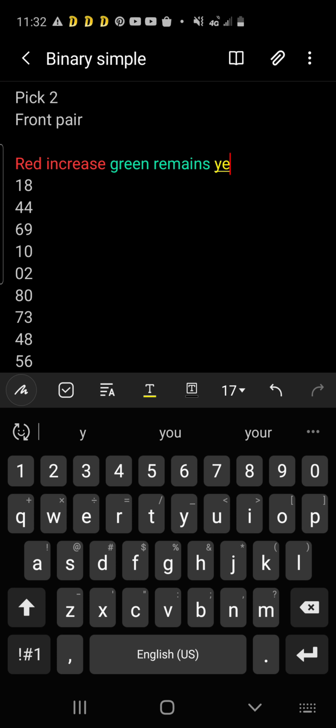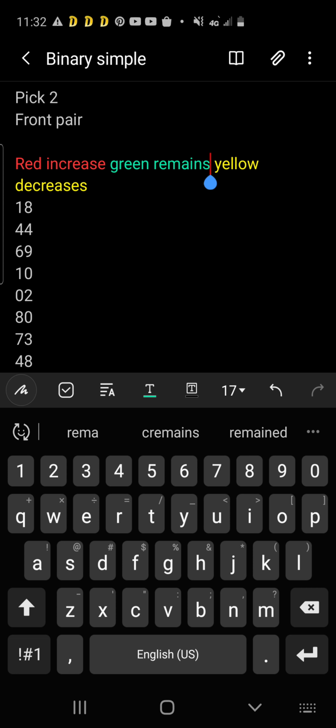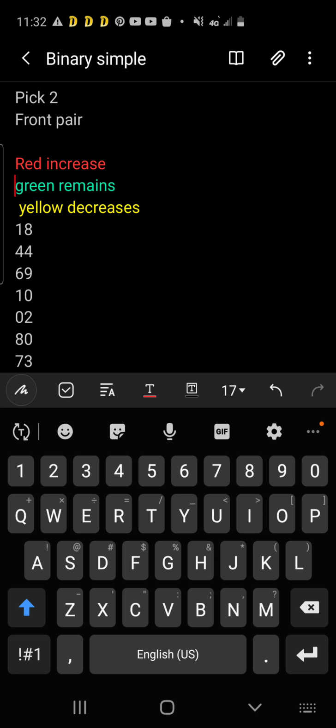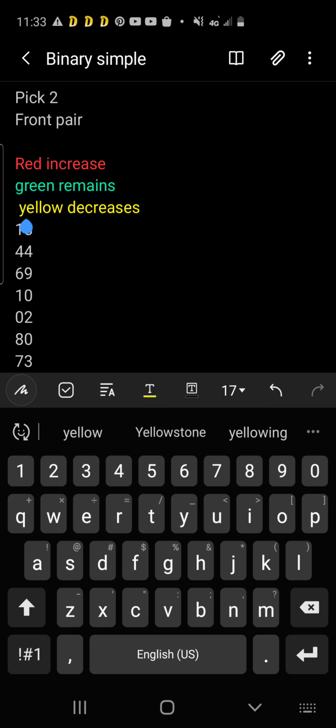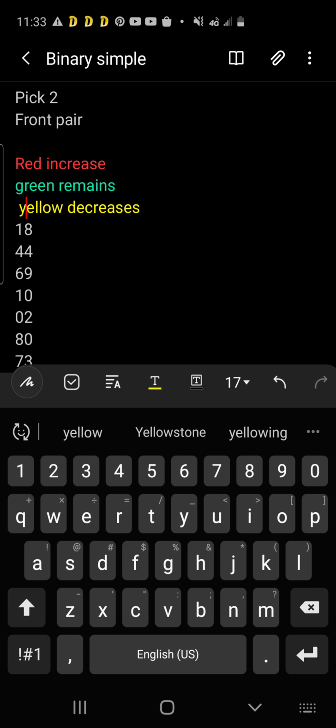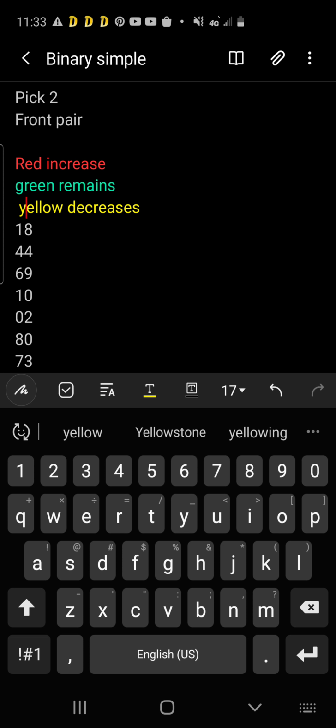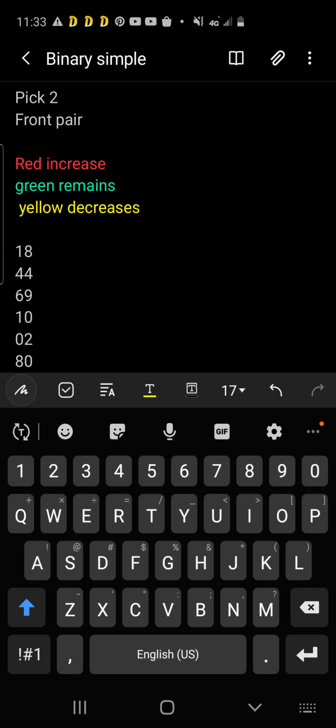And yellow decreases. Red increase, green remains, and yellow decreases. All right? Ain't gotta be perfect. So you know.